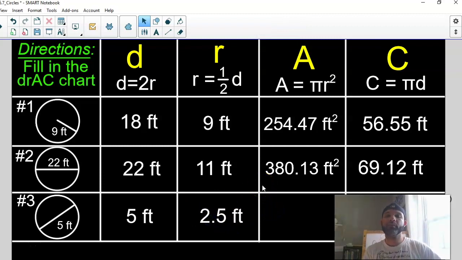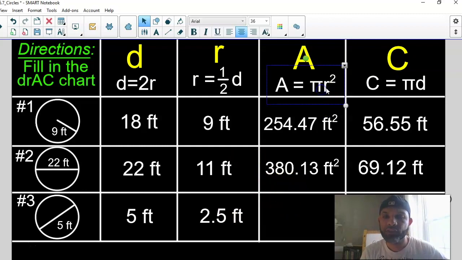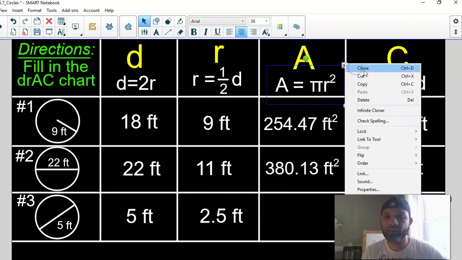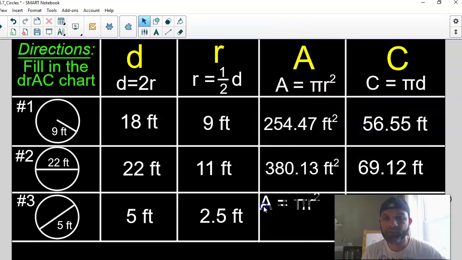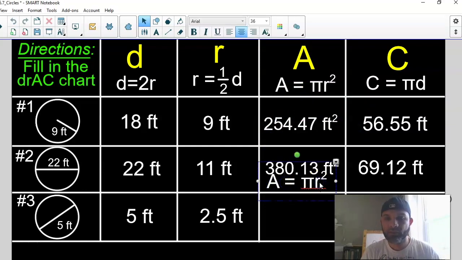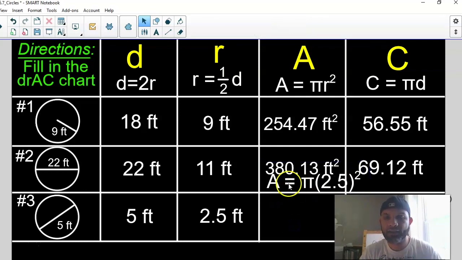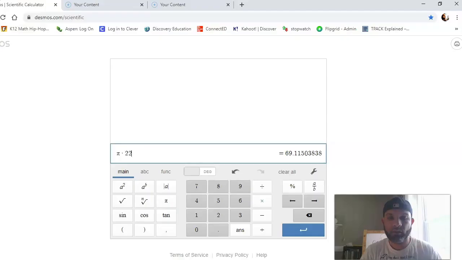Area is going to be pi times the radius squared. All right, let's go ahead and pull down our formula here. Our radius is 2.5, correct? So it's pi times 2.5 squared. So let's do it. We're going to clear this.